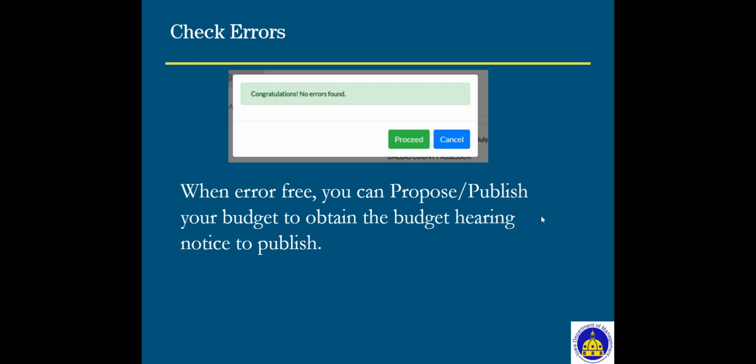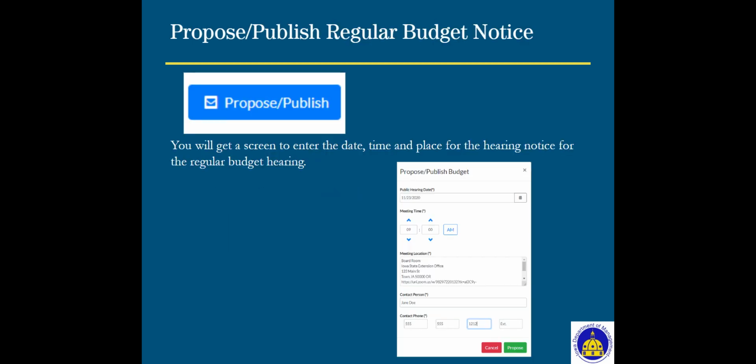When you are error free, you can publish your budget, and that will allow you to obtain the budget hearing notice that you have to publish in your newspaper. Again, you click propose publish. You get a screen to enter the date, time, and place for the hearing. And there is quite a bit of information allowed in this meeting location piece.